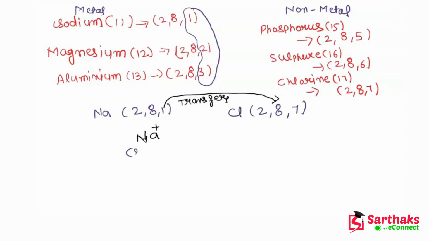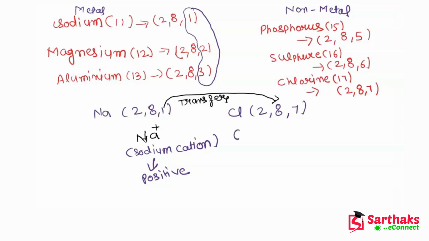Let me write it here. Sodium cation. Okay, what does it mean? It means that it is positive. And what about this chlorine? As we all know, sodium has given its electron to this chlorine, so it will become negative.